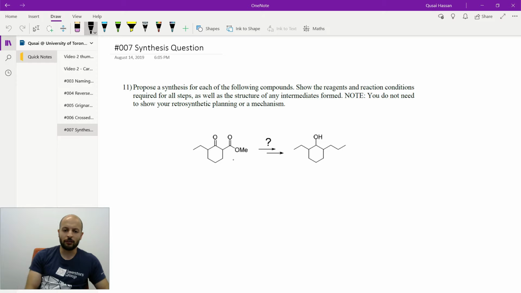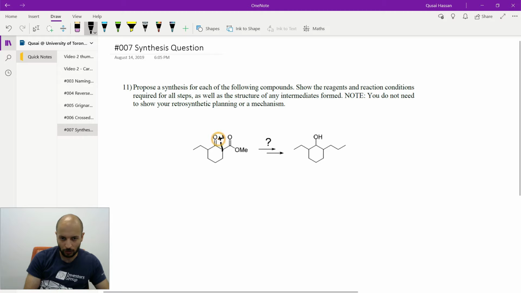So first off, the problem that we have is we have a couple of alpha hydrogens. We have one alpha hydrogen here, and we have one alpha hydrogen here.